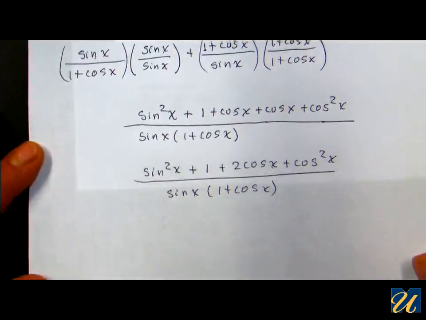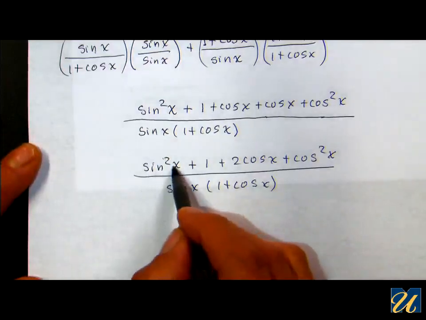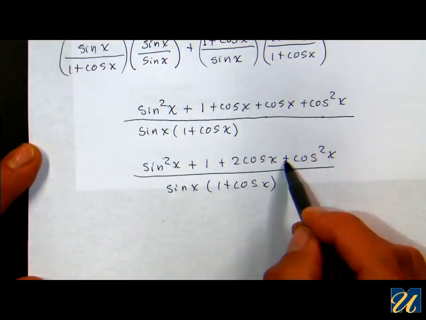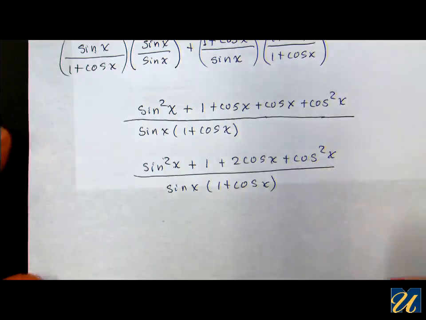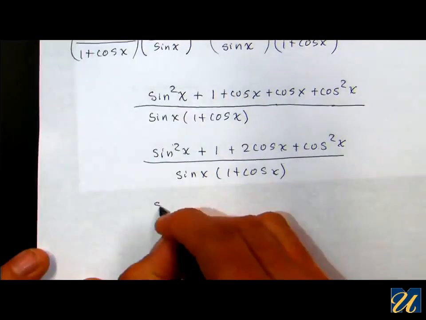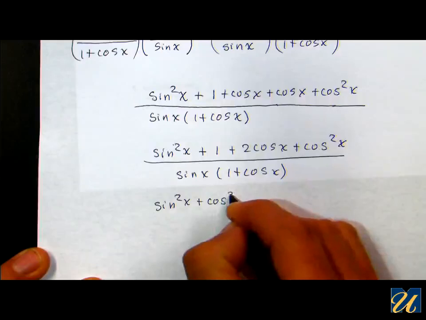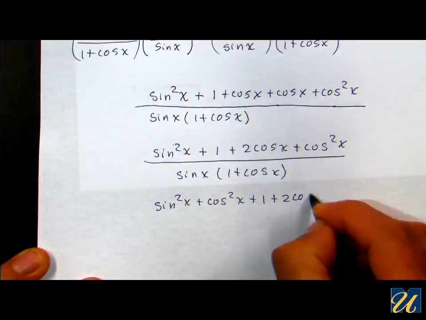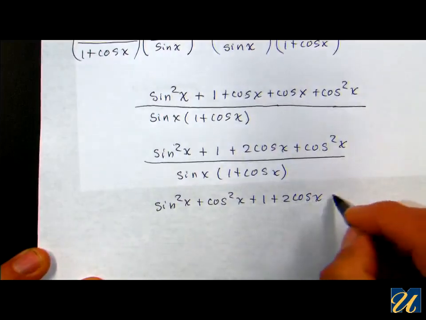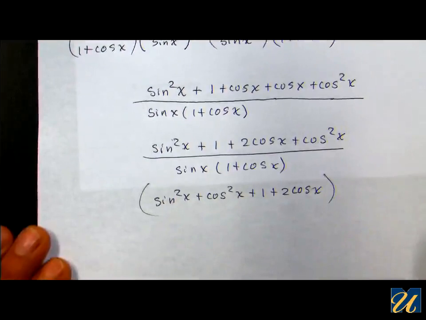Okay, now, looky here, sine square x, make sure that's a plus sign, has to be a plus sign, plus cosine square x. So in other words, I'm just thinking of rearranging this to be sine square x plus cosine square x plus 1 plus 2 cosine x. So this is my rearrangement of my numerator right here. Okay.